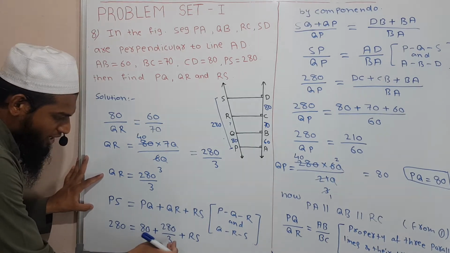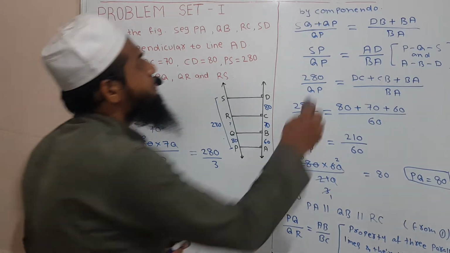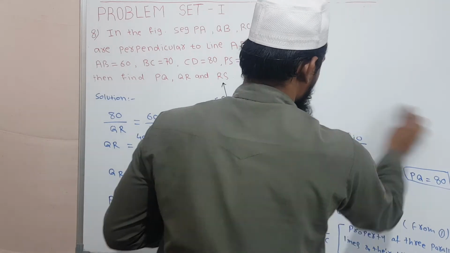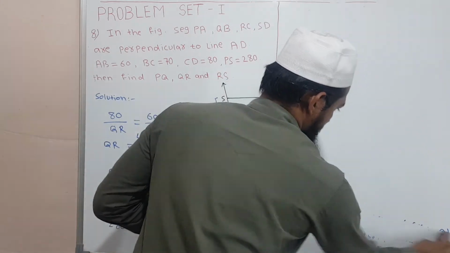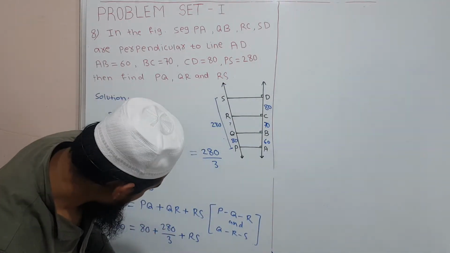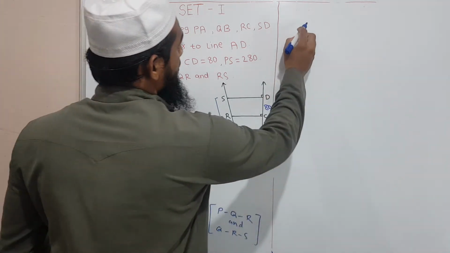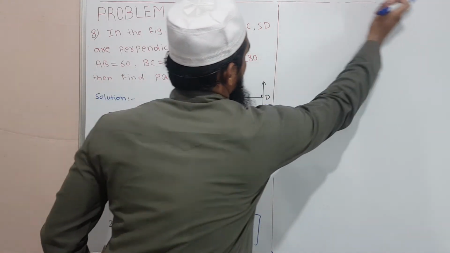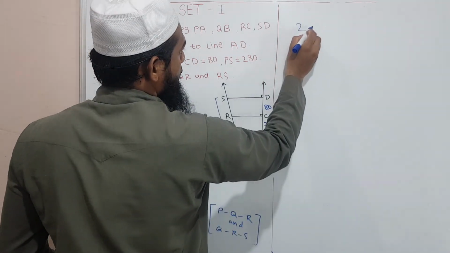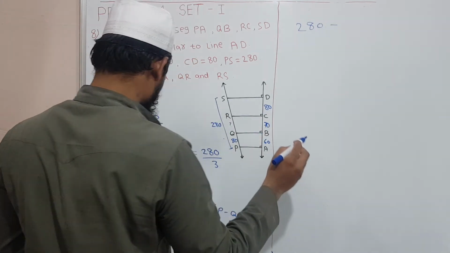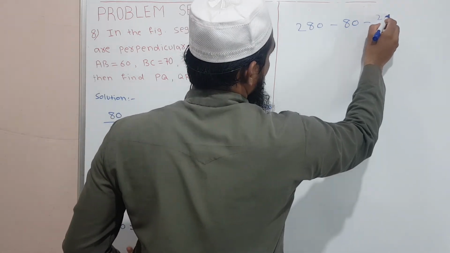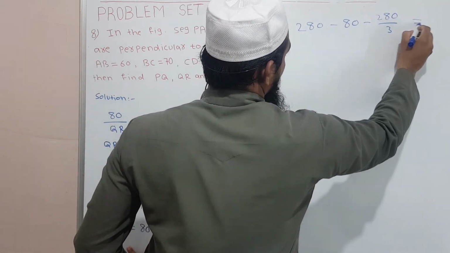Now we can rearrange the equation. I am writing here 280 minus 80 minus 280 upon 3 is equal to RS.